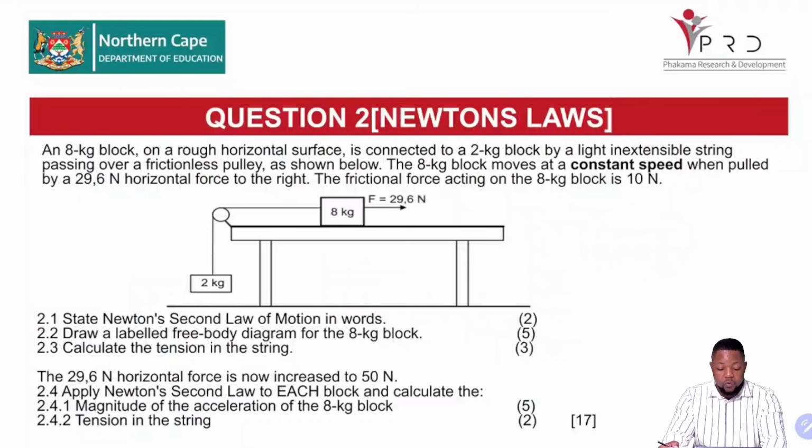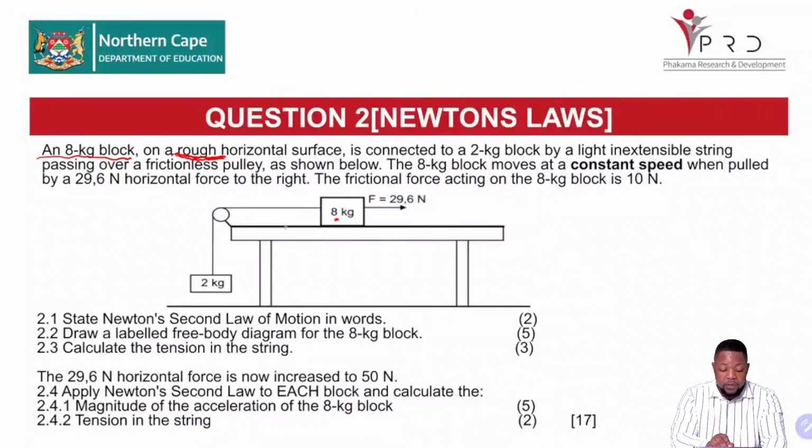Question 2, as asked in the examination question paper. An 8 kg block. You must be able to see the 8 kg block as you read. On a rough horizontal surface. When you hear the word rough, you should be thinking about frictional force, meaning that the surface has frictional force.